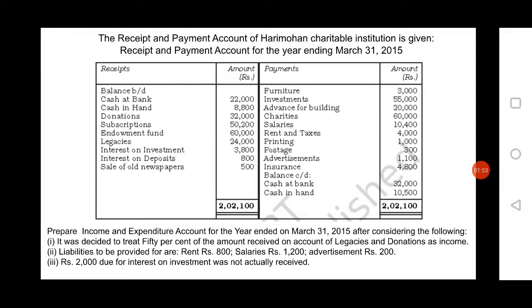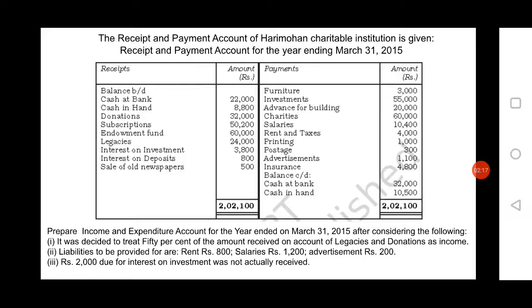The next item is salaries, 10,400. Related to salaries, there is an adjustment. Second adjustment: liabilities to be provided for are rent rupees 800 and salaries rupees 1200. Therefore salaries outstanding is 1200.